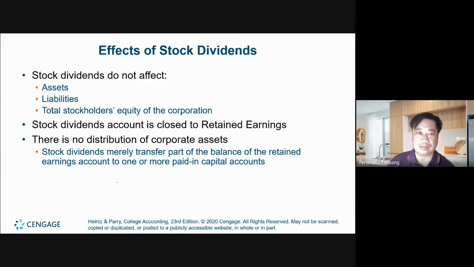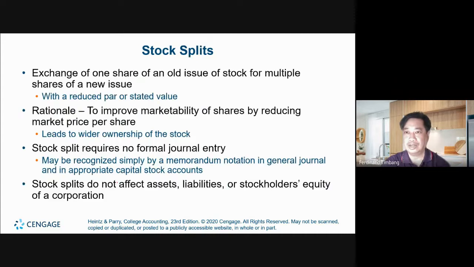Stock dividends merely transfer part of the balance of the retained earnings account to one or more paid-in capital accounts. So it just moved, from retained earnings to capital stock or common stock, because it is a stock dividend.